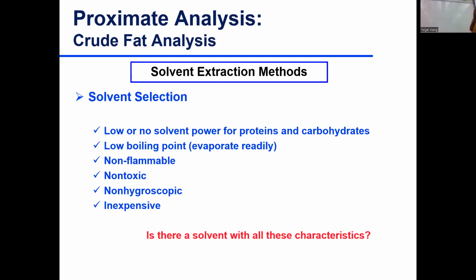So the first group of fat analysis were based on solvent extraction methods like Mojonnier, like Soxhlet, Goldfish. So when we want to choose a solvent for these methods, we need to pay attention to a few parameters. First, if we have protein or carbohydrates in our sample, which solvent should I choose?